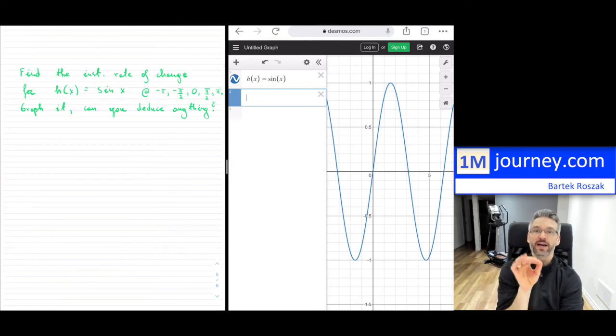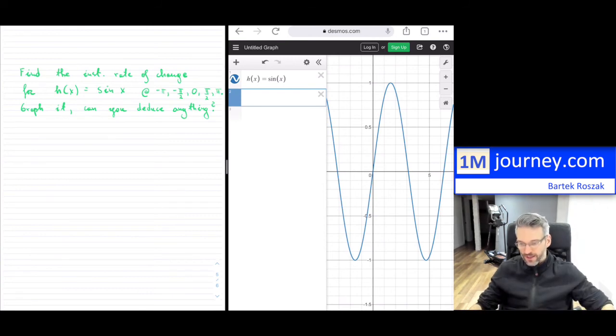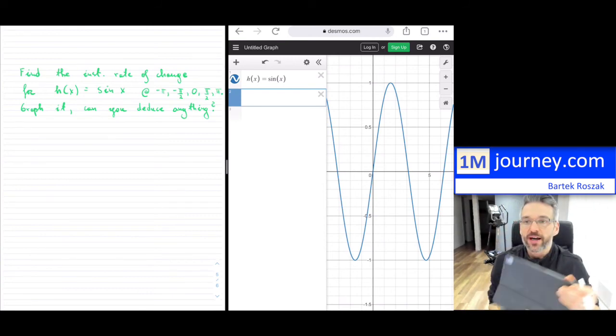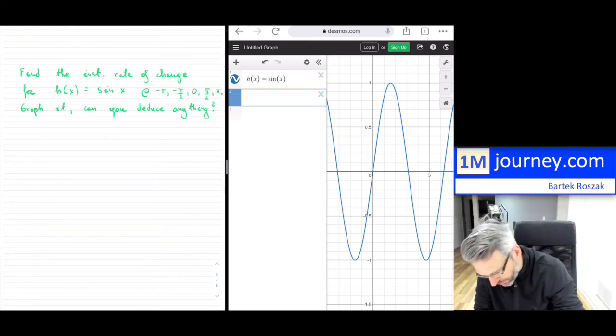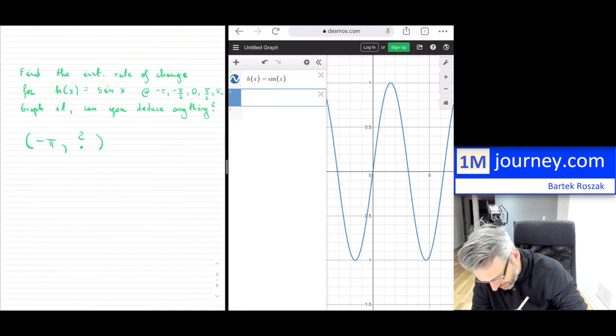So we're going to be finding the instantaneous rates of change at those points, and I'm going to graph those points along. At negative pi, I'm going to graph what that instantaneous rate of change is, and so on. I'm trying to find the point at negative pi, and I don't know what the instantaneous rate of change is there. So that's going to be my y value.